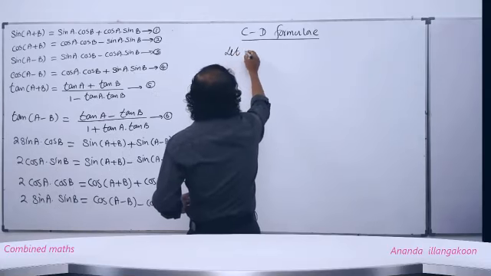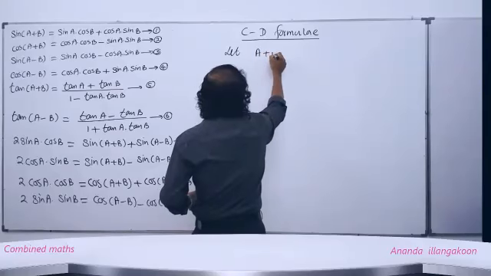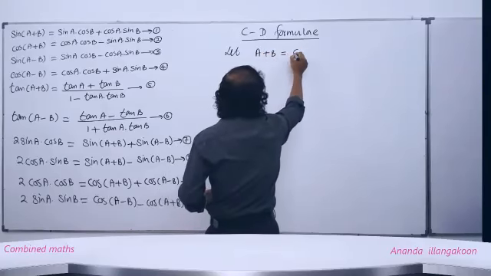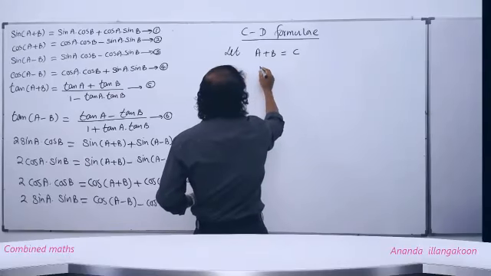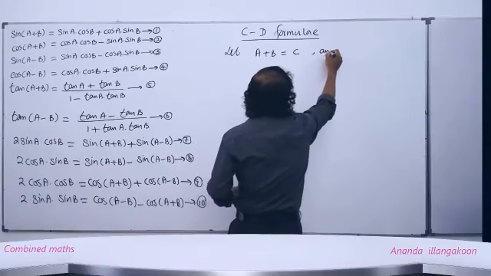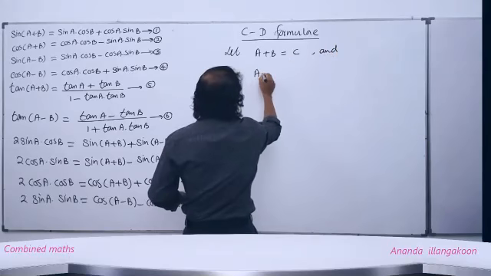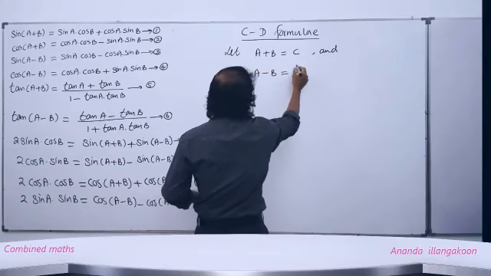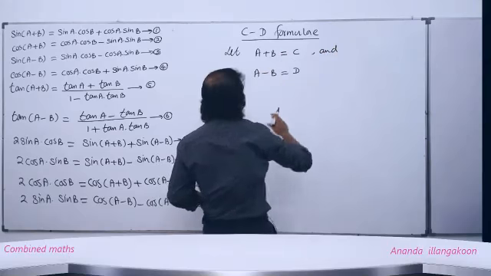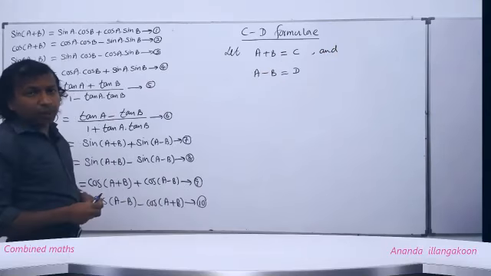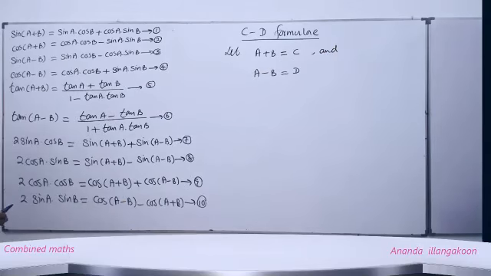Let A plus B equals C and A minus B equals D. For the sum of A and B, we use the single letter capital C, people.